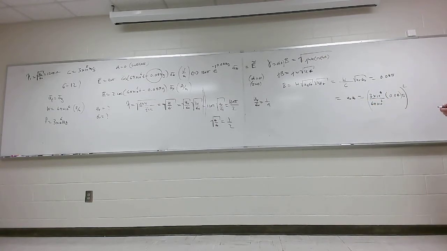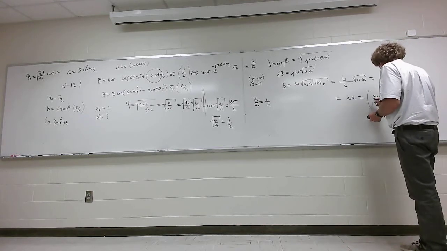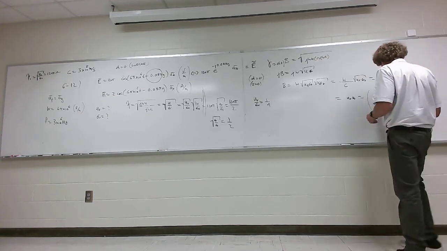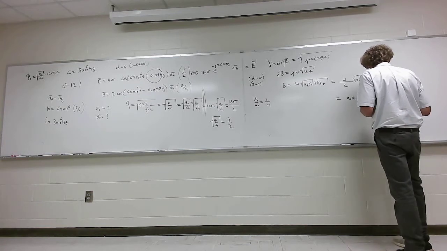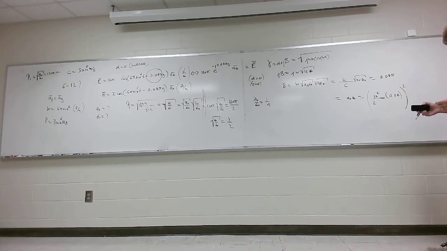Here, I have mu relative times epsilon relative is that. Let me see if I can simplify this a little bit. Y'all agree this pi can cancel in here, class? Just trying to make it a little easier to see. Y'all with me? All right, what about the 3 and 6? 1/2, class? Yeah. I'm going to make it 1/2. And then 10 to the 8 by 10 to the 6 is 10 squared, right? Or 100. .08 is really 8 divided by 100, isn't it?